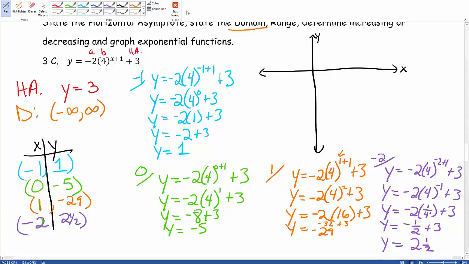Going ahead now and plotting these, we end up with negative 1, 1, right about here. For the green one, we ended up with 0, negative 5, and right about here. At 1, we ended up with the y value negative 29, which we know is going to be down here somewhere.